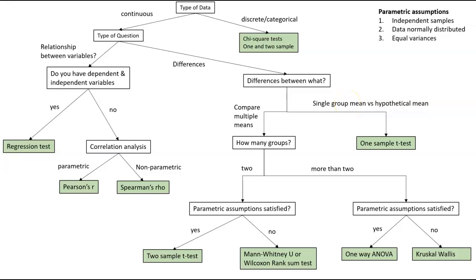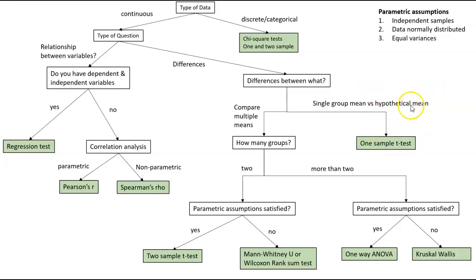So let's say we know that the mean height of the population is 176 centimeters, and I have one group of individuals, and I ask myself, is this group of people on average taller than the average for the whole population? Then I do a 1 sample t-test.